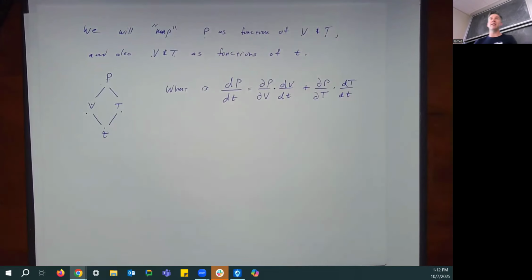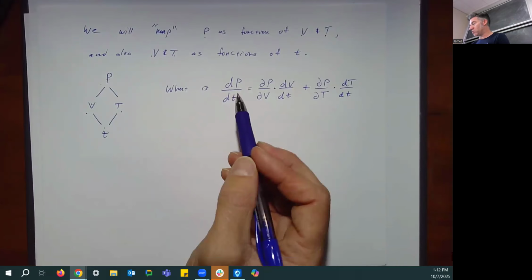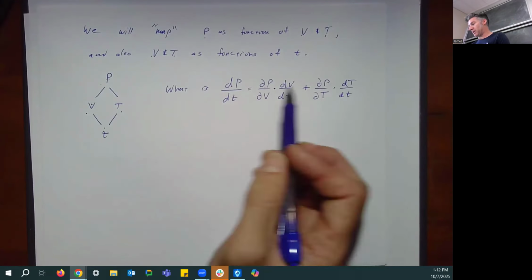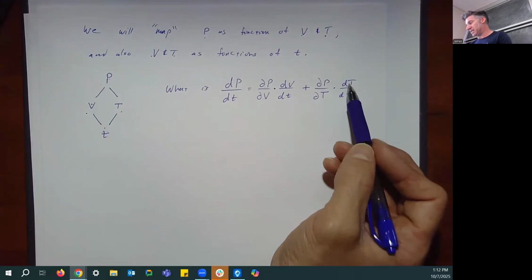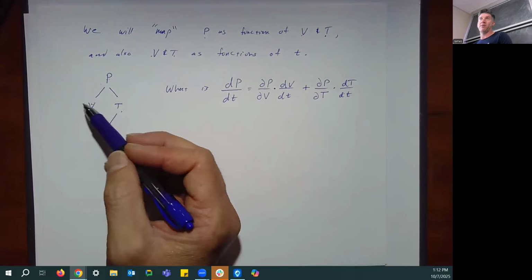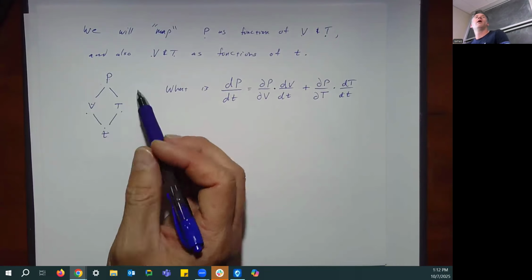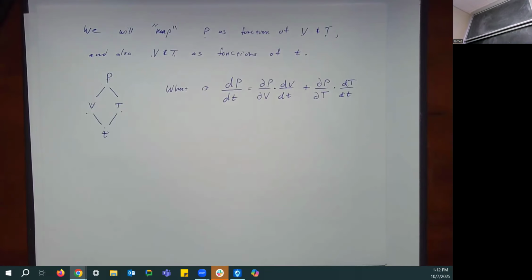The dels and d's are correct and specific. Del, when it's a partial derivative, right? We do del P del V and del P del T because P depends on V and T. But then we do dV/dt and dT/dt because V and T are both only dependent on time. Although I'm being very specific because I think it's important to be correct, no one cares.